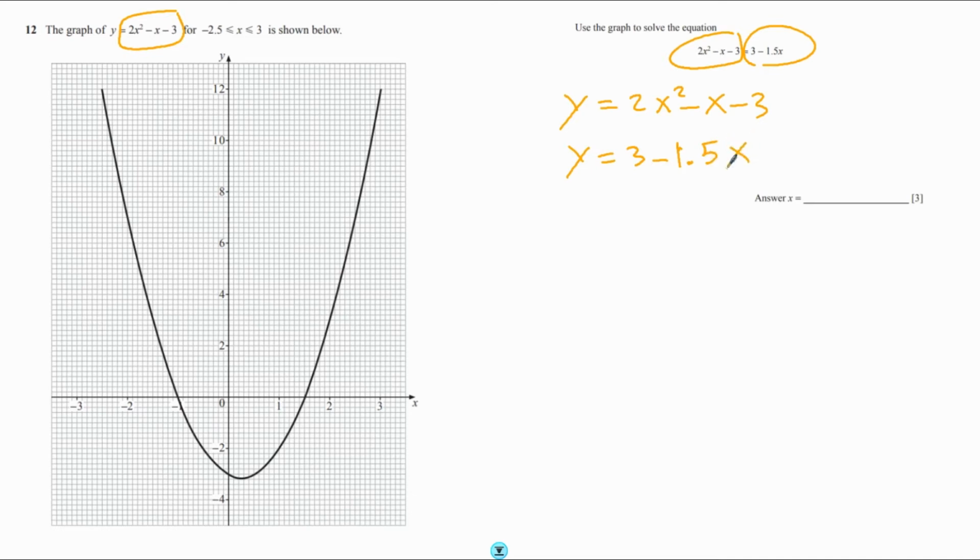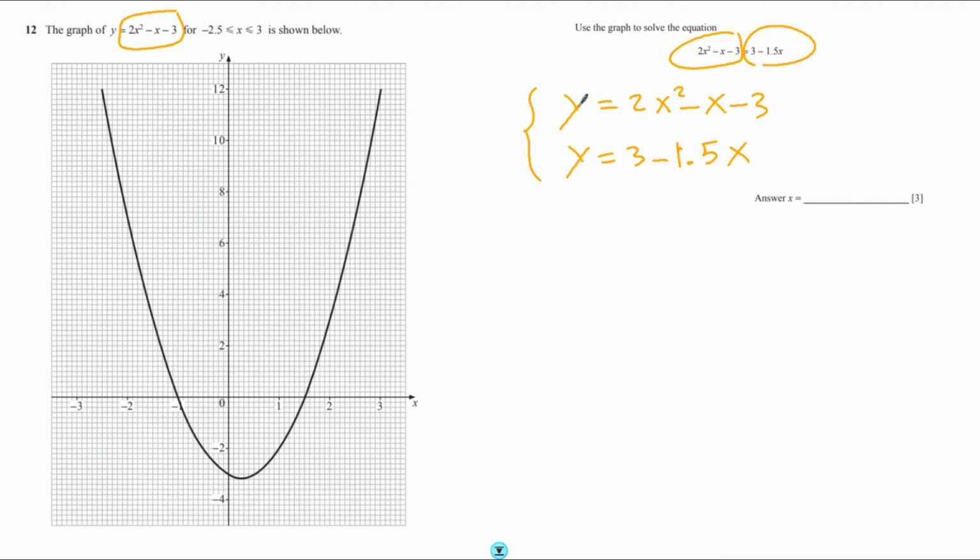and the solution to these two equations is when we equate them, because by substitution we can equate the y from the top to the bottom, so 2x squared minus x minus 3 equals 3 minus 1.5x.